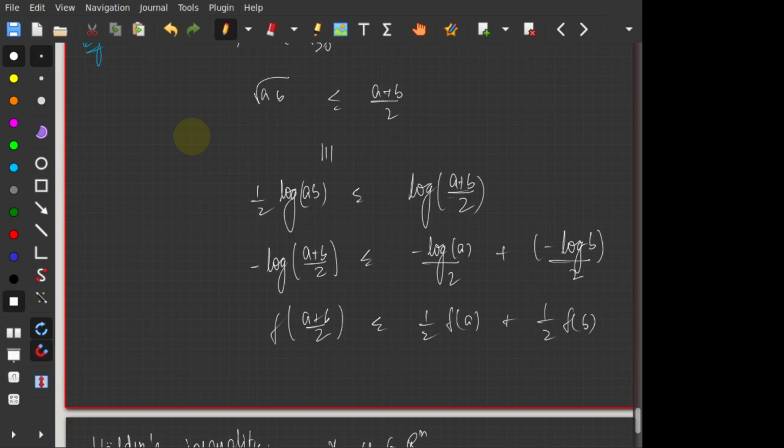Let's say I take a theta between 0 and 1. Then A power theta times B power 1 minus theta is less than or equal to theta A plus 1 minus theta B.